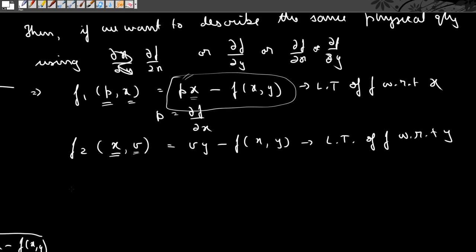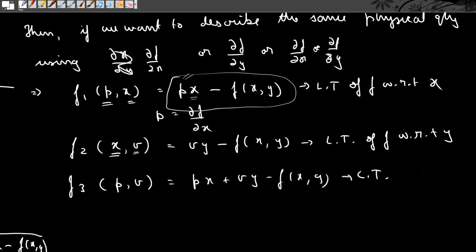And similarly we can have f3 of p comma v, which is defined as px plus vy minus f of x y. This is the Legendre transform of f with respect to x and y.